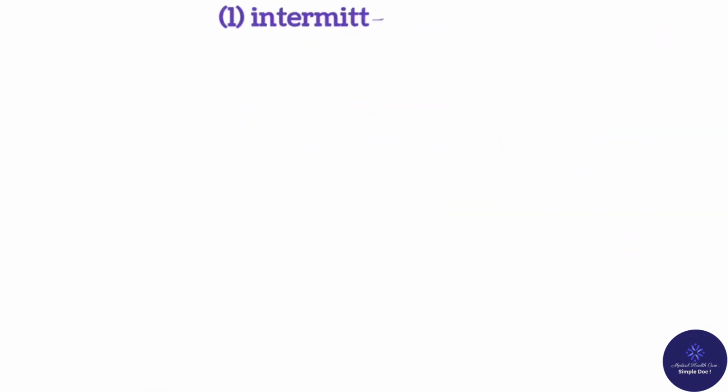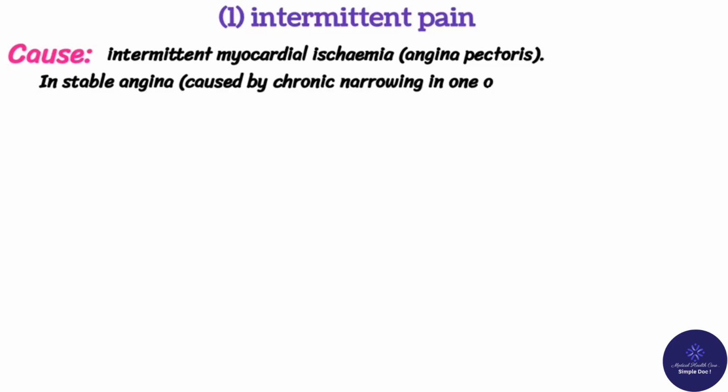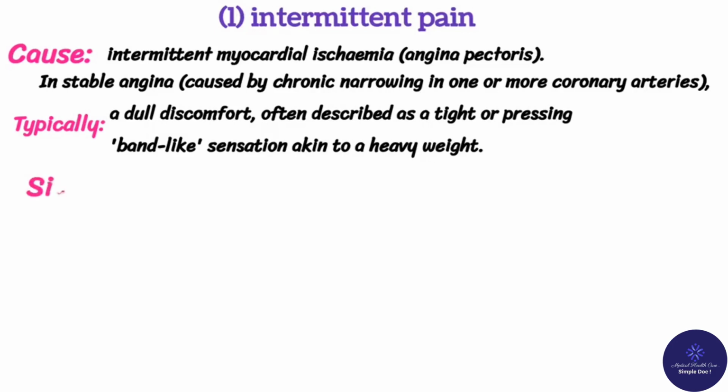1. Intermittent pain. Cause: intermittent myocardial ischemia, angina pectoris. Stable angina is caused by chronic narrowing in one or more coronary arteries. Typically, a dull discomfort, often described as tight or pressing, band-like, a sensation akin to a heavy weight.